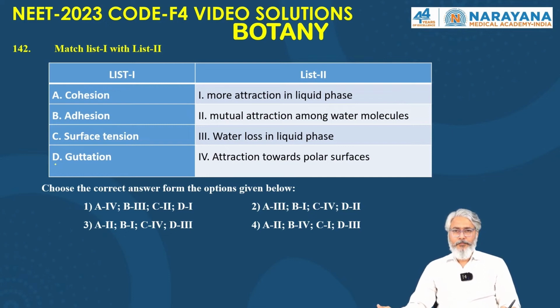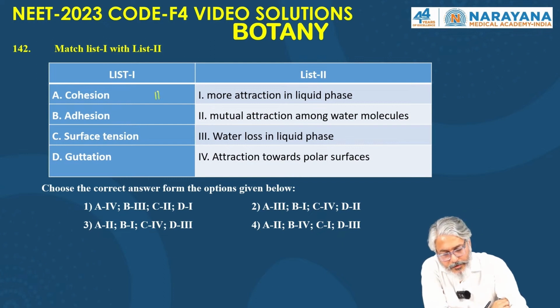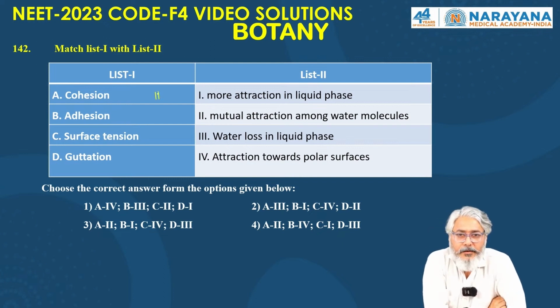Cohesion, attraction between the same type of molecule. So that is A2. Adhesion, attraction toward a polar surface. Transpiration, water loss, is okay. Fourth one, surface tension, more attraction in the liquid phase, that is the first one.